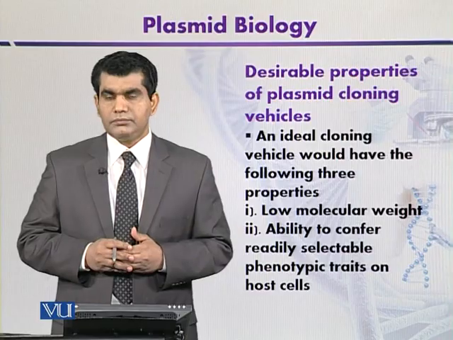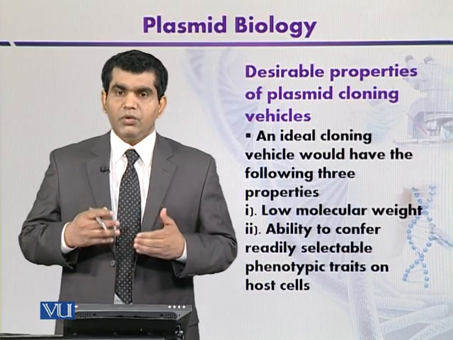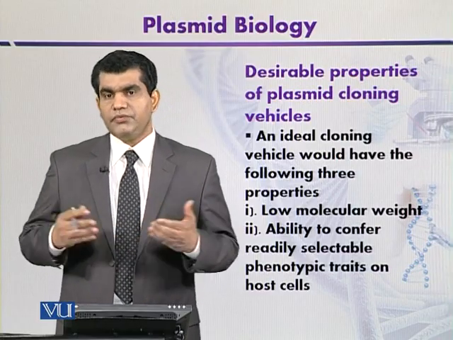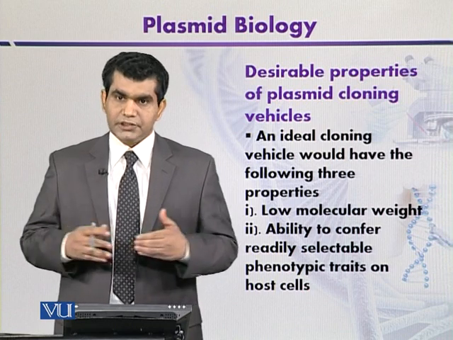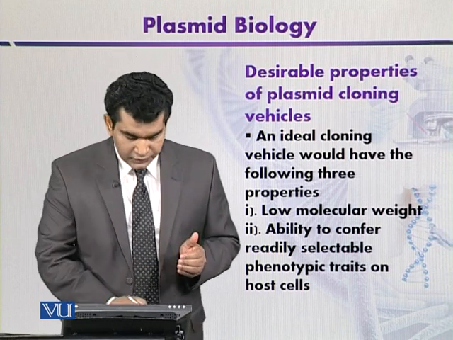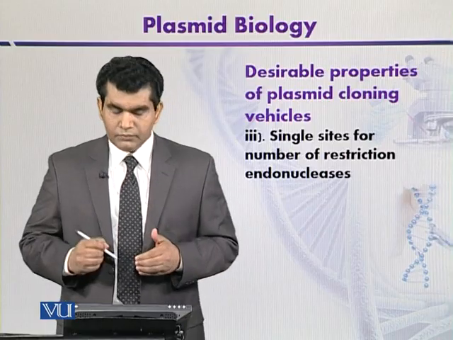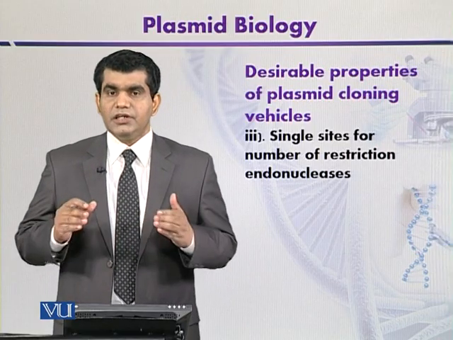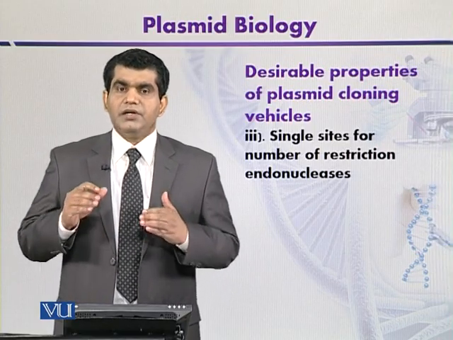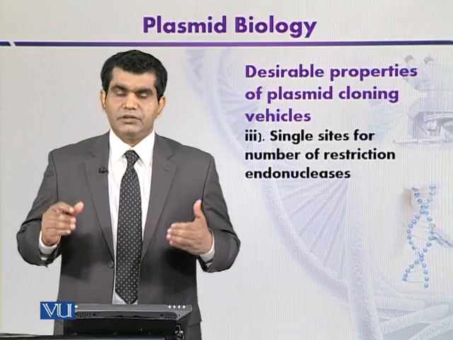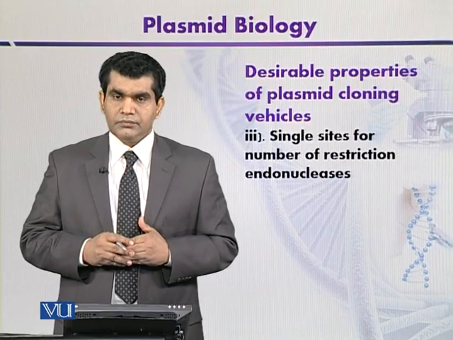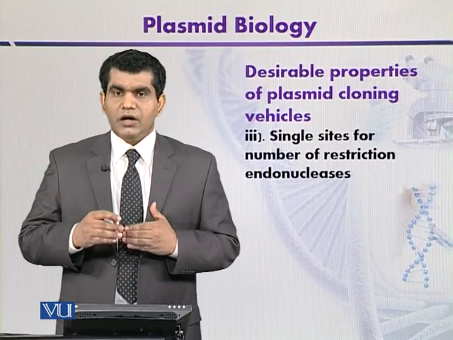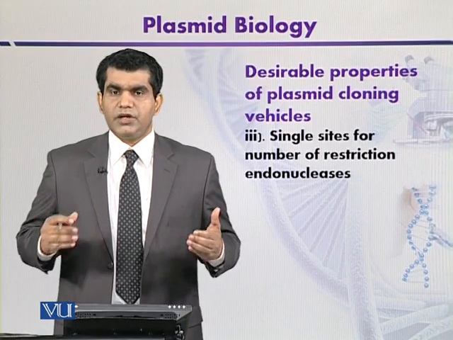Secondly, ability to confer selectable phenotypes on the recipient cells. And third one, there must be a single site for different types of restriction endonucleases. Now we can focus on all these three traits one by one.